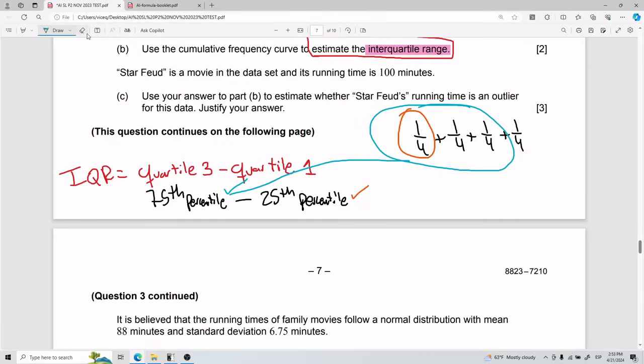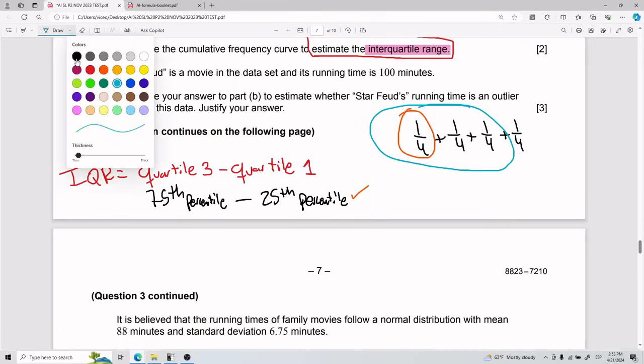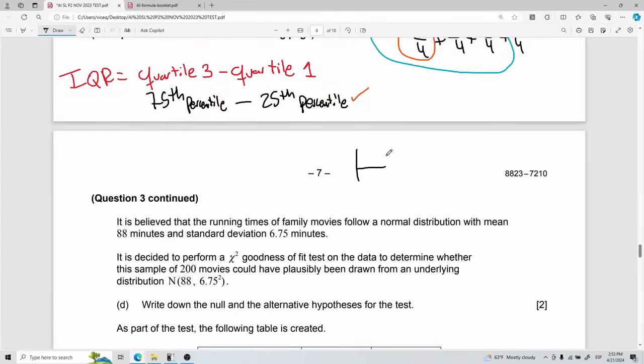Boom, 75th percentile. And what is even another way for you to understand it, when you look at a box and whiskers diagram, it's always going to be: this is your min, this is Q1, this is your median, which is the same as Q2, the guy at 50%, this is Q3, and this is your max.